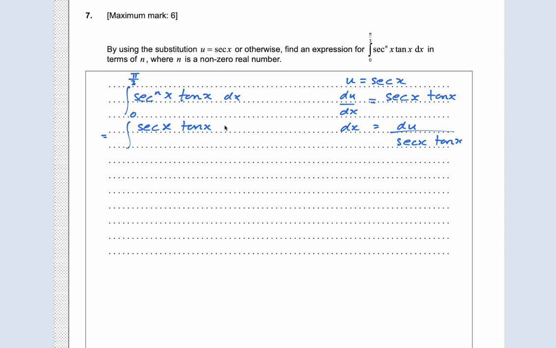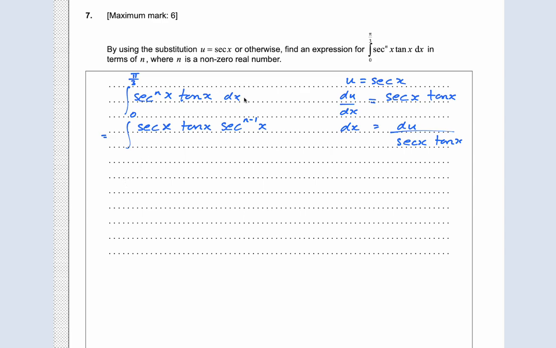So here I have to have a sec to the power of n minus 1 x. Okay, now let me try and explain that. Because, well, look, if I multiply sec x by sec to the n minus 1 x, I get sec to the n x, because that's like to the power of 1.